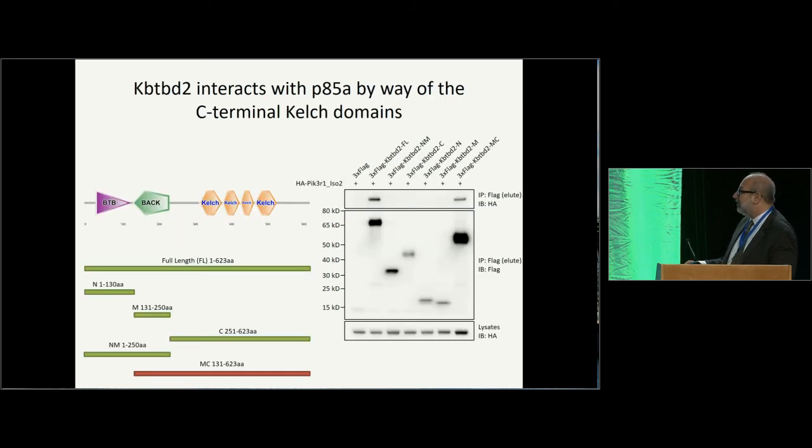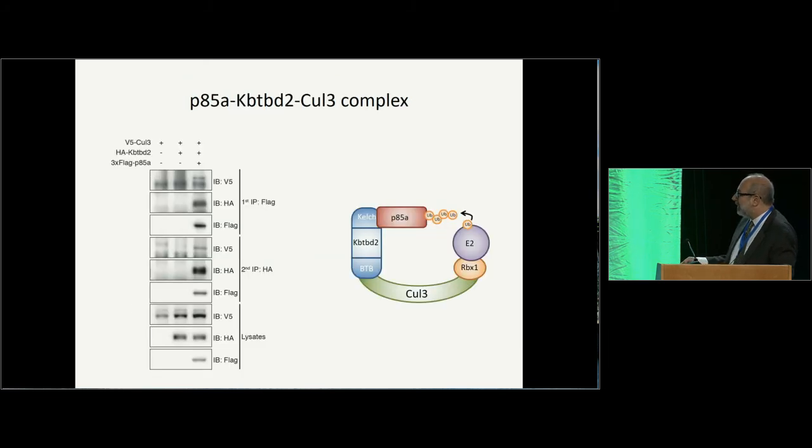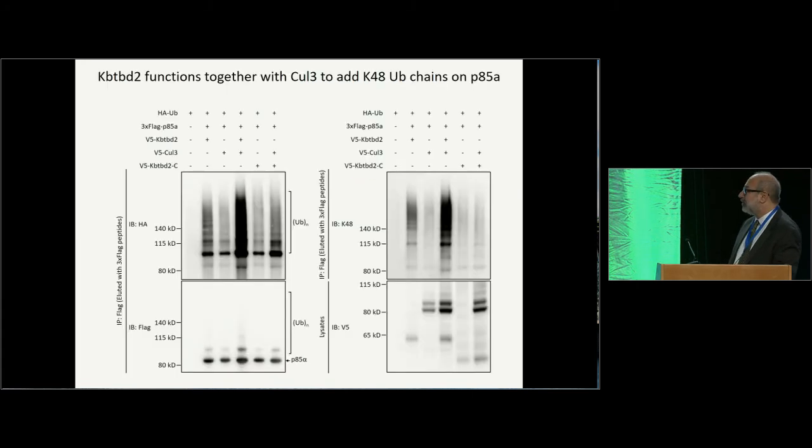By cutting away the protein again, we found that this time it was the C-terminal domain, which has Kelch domain repeats, that seemed to interact. So apparently the Kelch domains bind P85 alpha, the BTB domain binds cullin-3, and it's known that that fixes an E2 ligase, which then can add ubiquitins to P85 alpha.